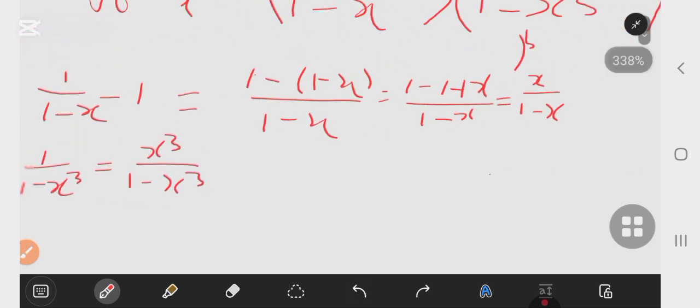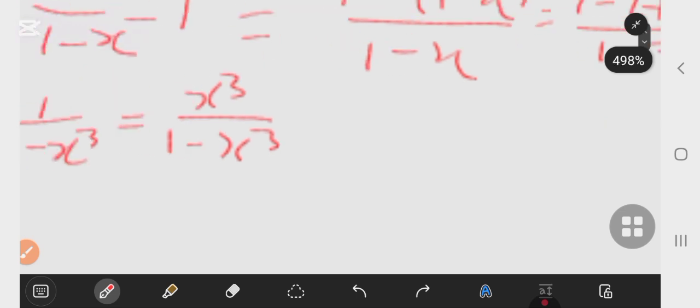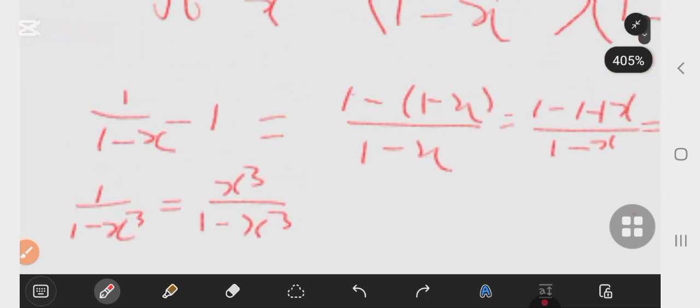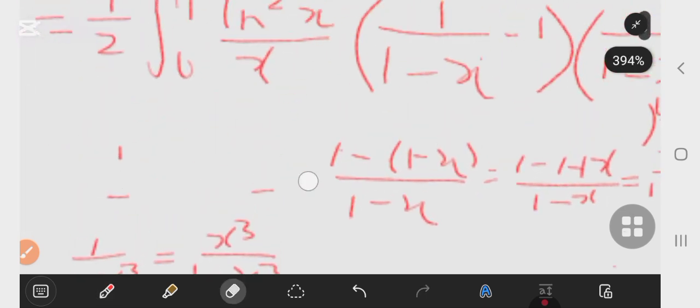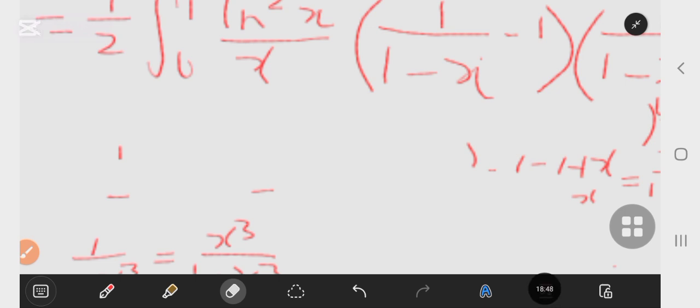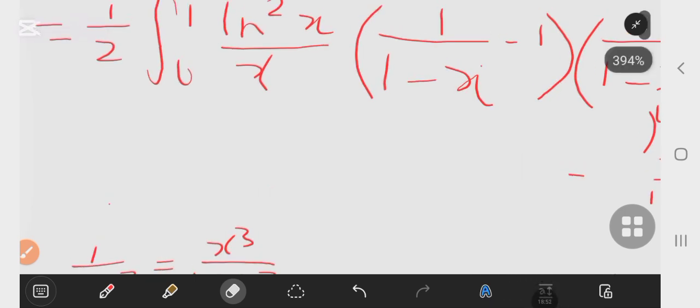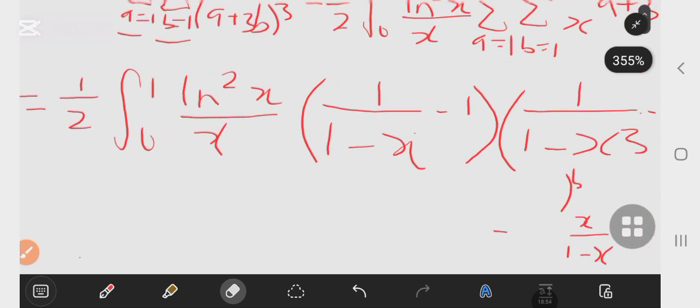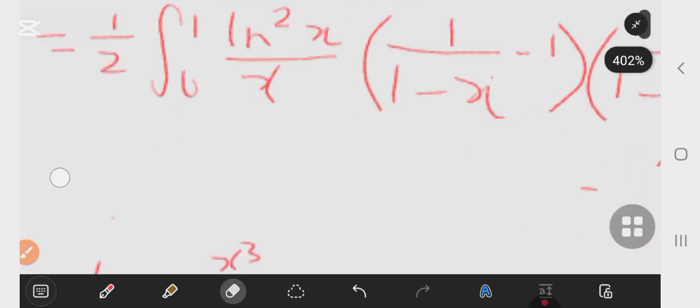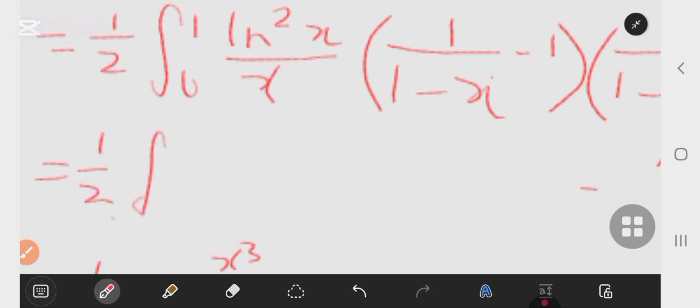So I just got the knowledge from this. So let me apply it here. Now I have that this is the same as half of the integral from 0 to 1 of ln square x all over x.